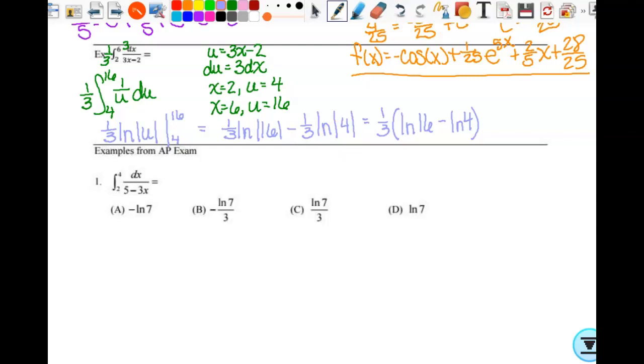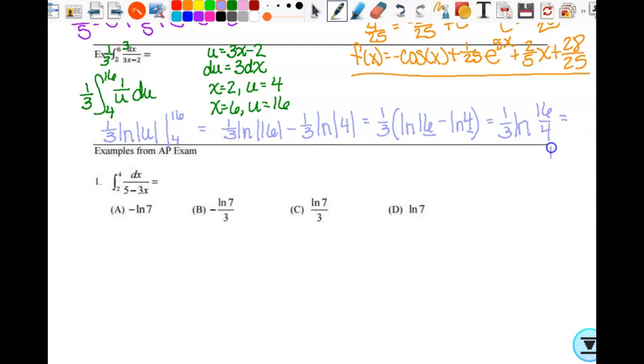Now, this next thing is a log property that you learned in Algebra 2 that we did again in pre-cal. If I subtract two logs that have the same base, I can make them into one log. And what do I do with the arguments? Divide. Log properties.